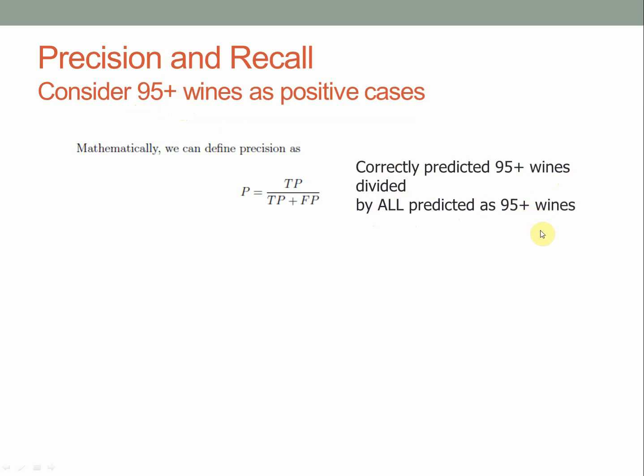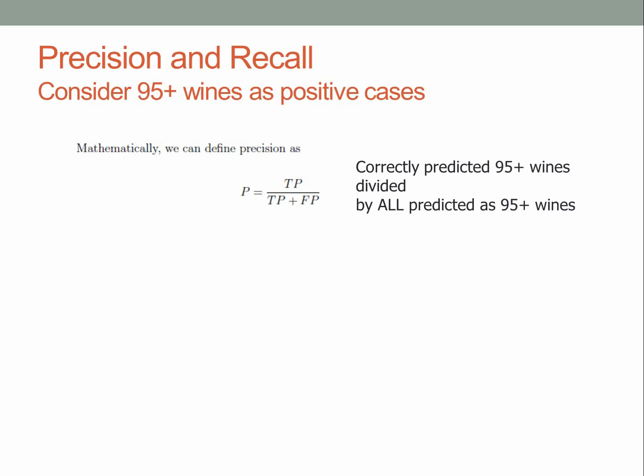In other words, if the SVM predicts this y as 95 plus, what is the precision? How likely is it that y is really going to be 95 plus?